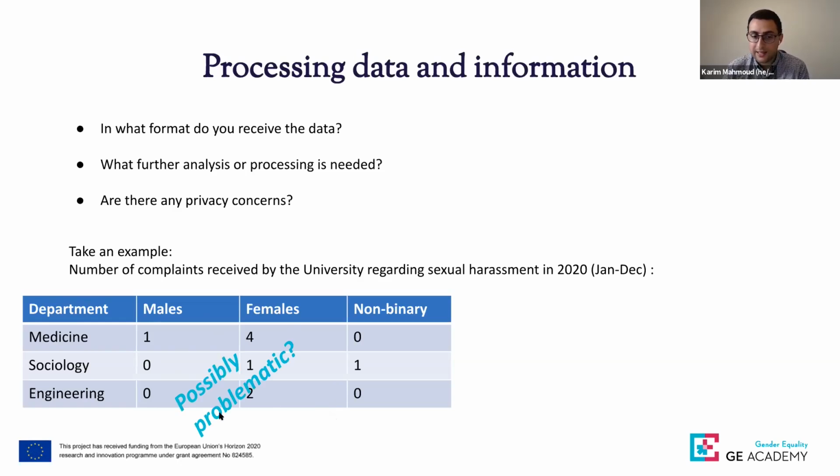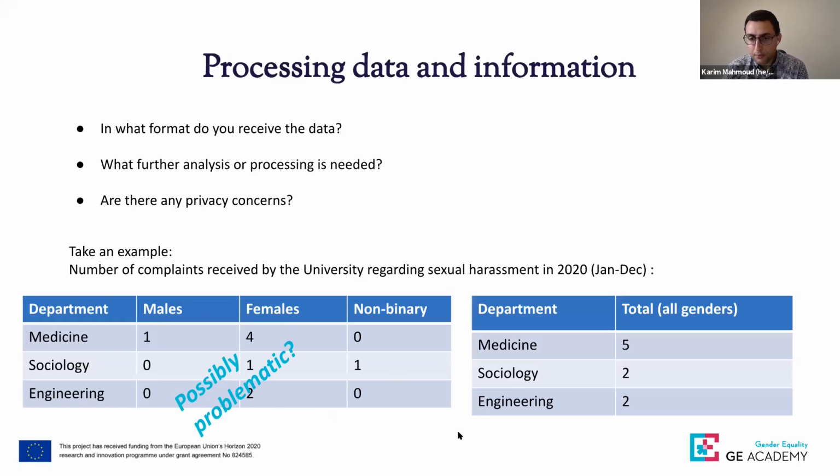So I would say that this is possibly a problematic way of presenting the information. The sample numbers are very low. It might be a bit better to present the information as a total, but again, this doesn't give you a full picture.